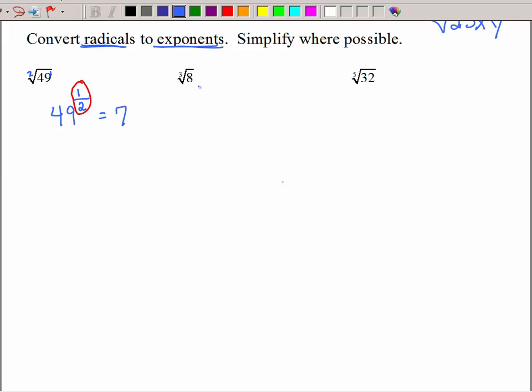Okay, so the cube root of 8, you should know, is 2, but let's write that with exponents. So that is our denominator. Remember, we're going to take a fraction. That's our root. That goes on the bottom, and that's to the first power. So 1/3 power is the same as the cube root. So let's write that down. The half power is the same as a square root. The 1/3 power is the same as the cube root.